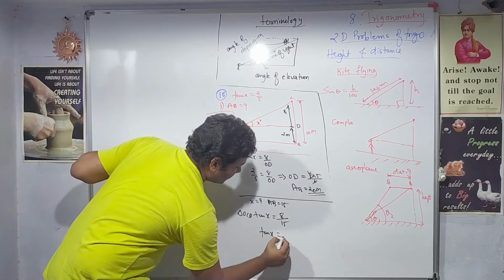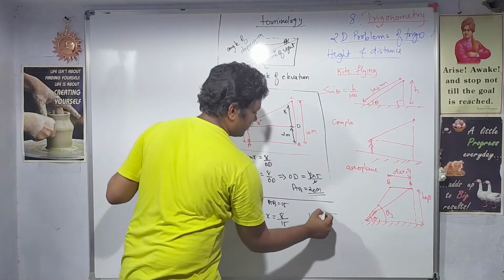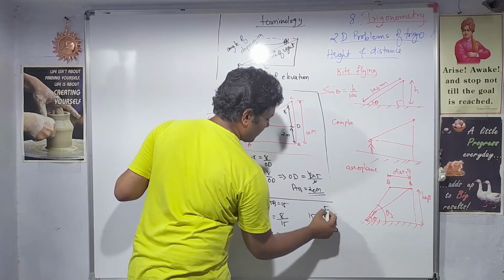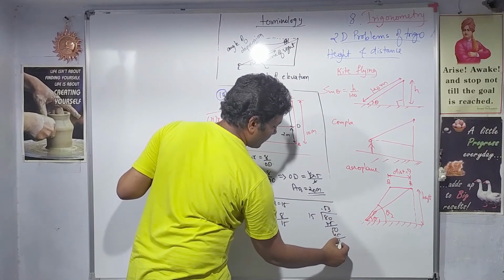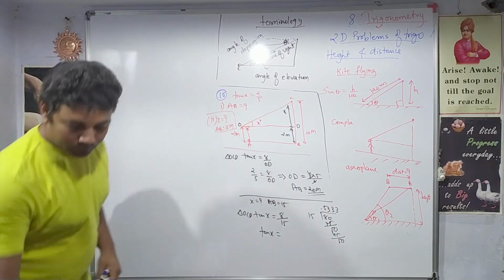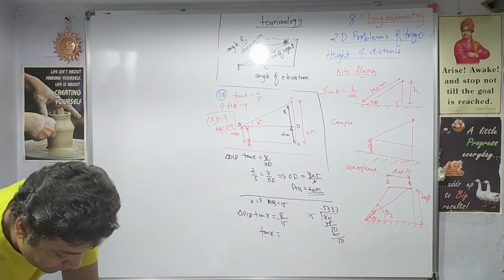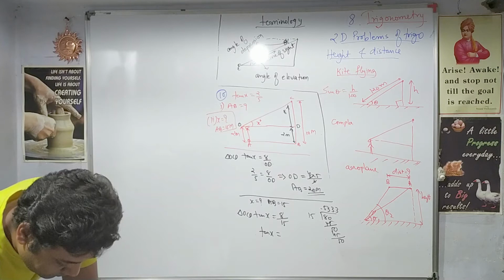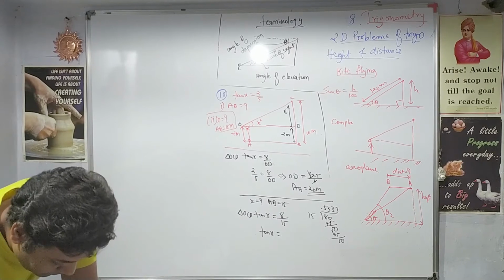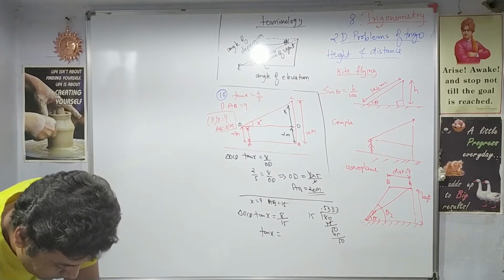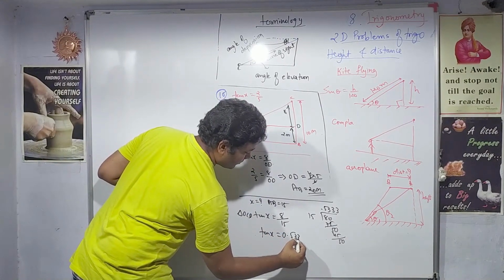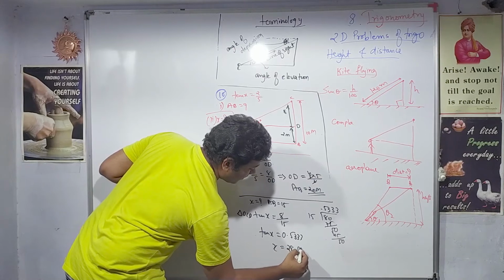Tan x will be equal to 0.533. X will be 28.07 degrees.